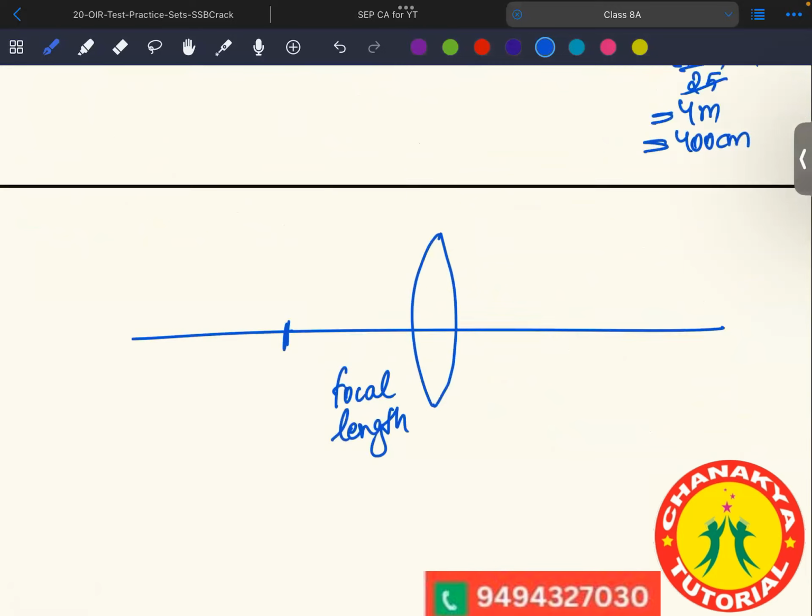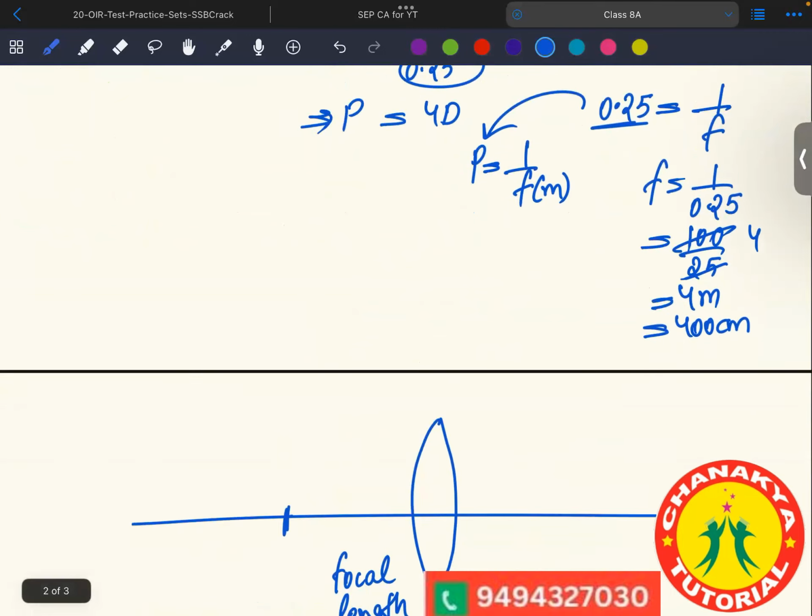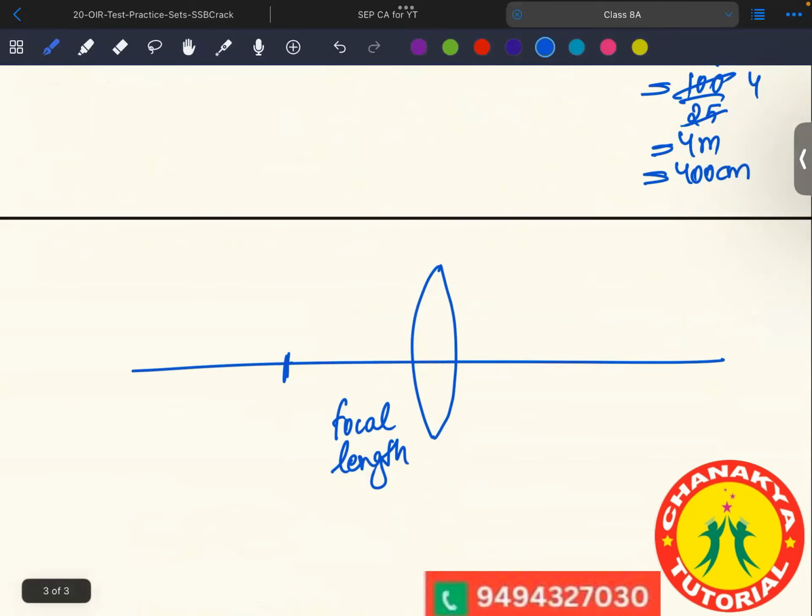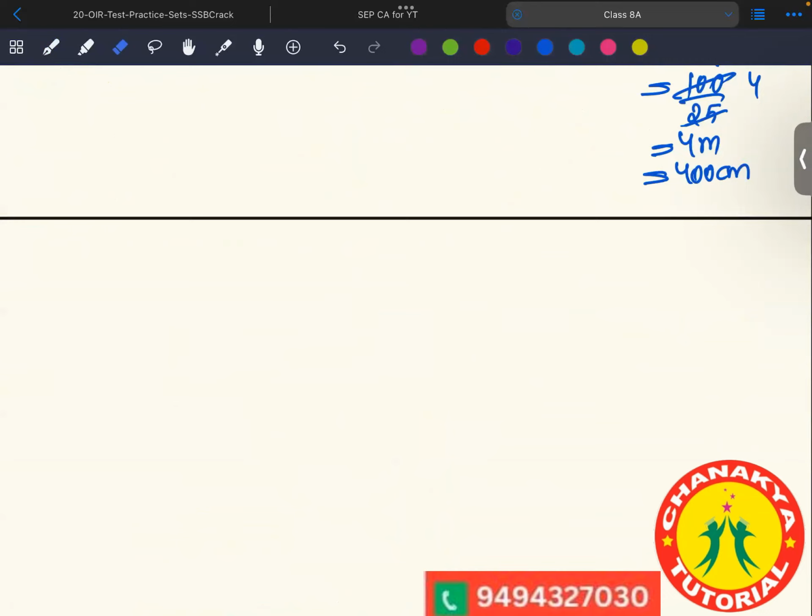So where does the focal length lie over there? Because the lens is the lens in the specs, right? So where is the focal length? Is it our eye? Where is the focal point?